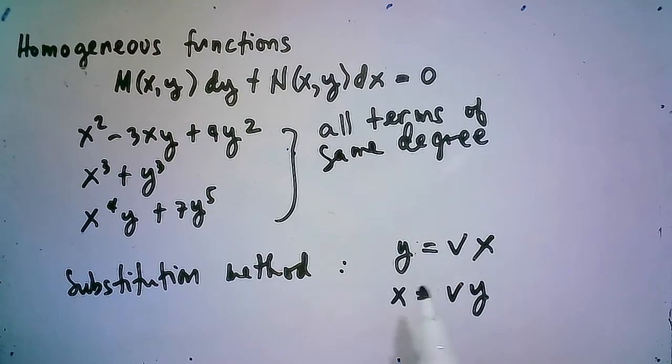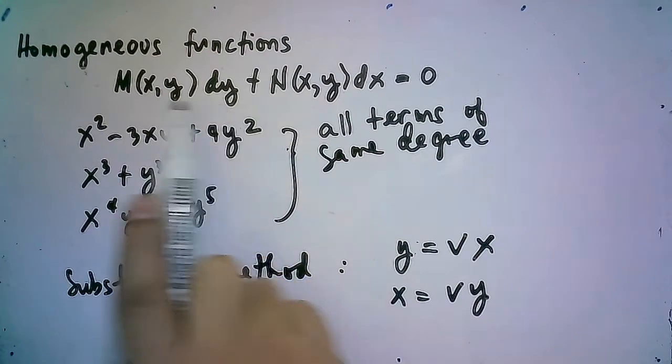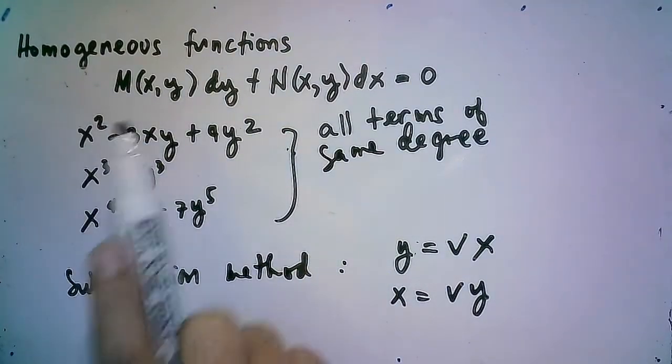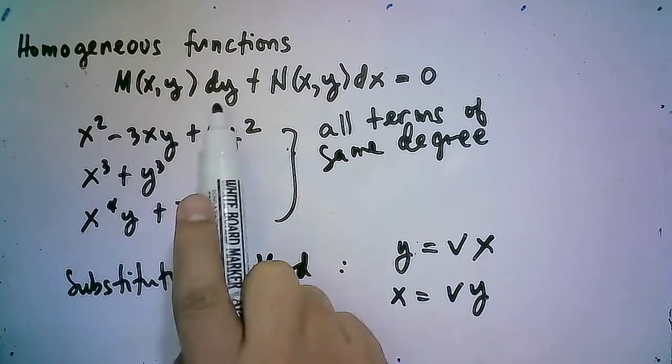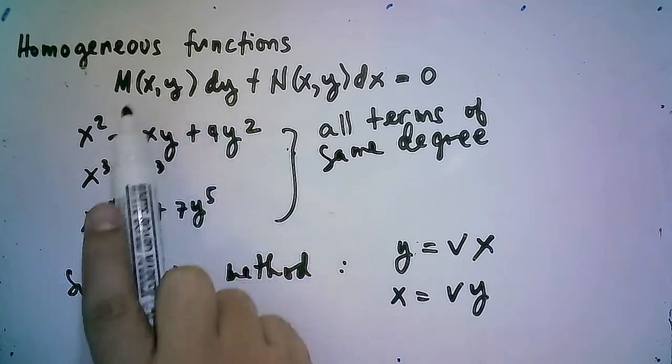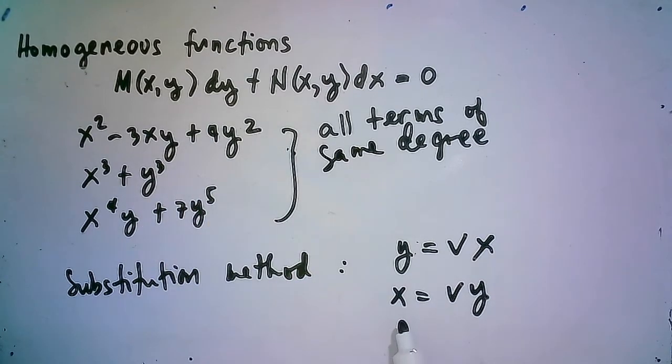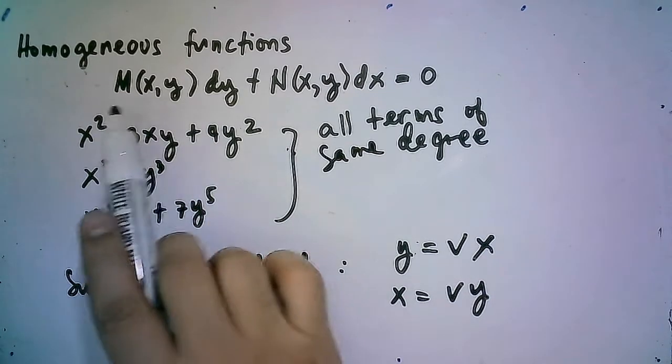Now, when can we use y equals vx or x equals vy? You have to identify from your main format of the differential equation: if you think that the part of dy is complicated, you will be using x equals vy.